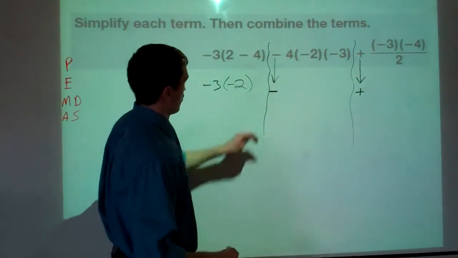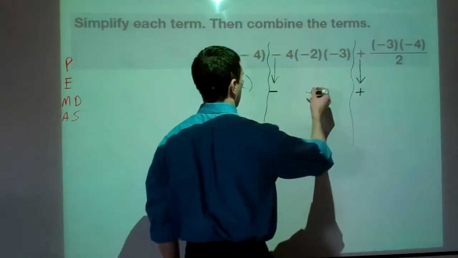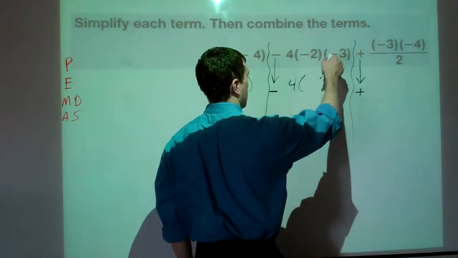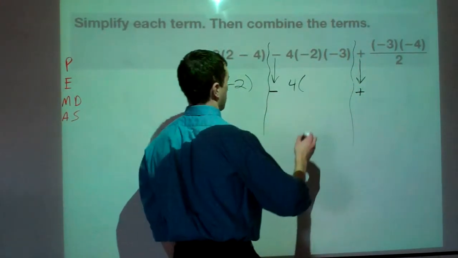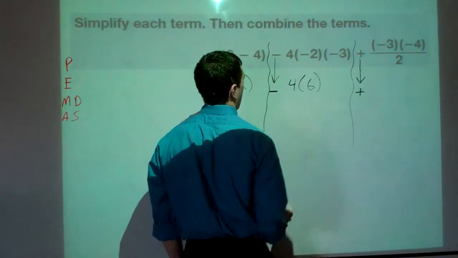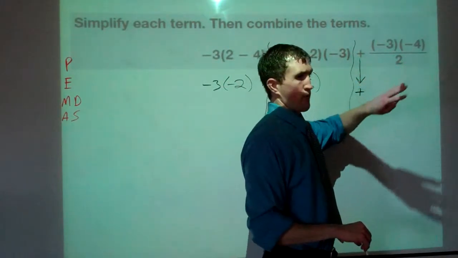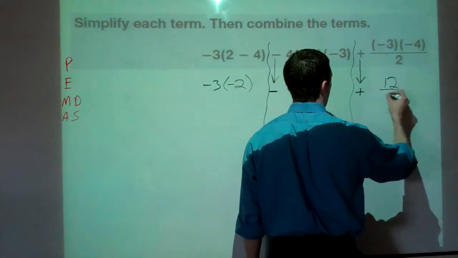Alright, we drop this down, so we're looking at 4 times -2 times -3. -2 times -3. 2 negatives multiplied comes out positive, so it's basically 2 times 3, which is 6. And then we look over here, we've got -3 times -4, positive 12 divided by 2.